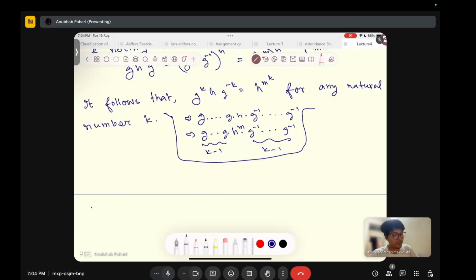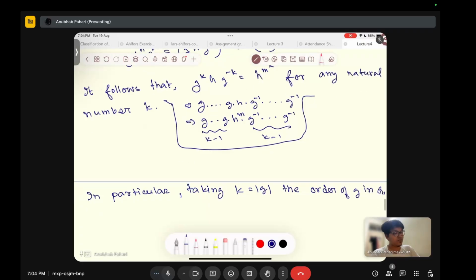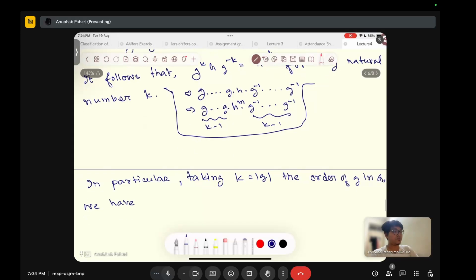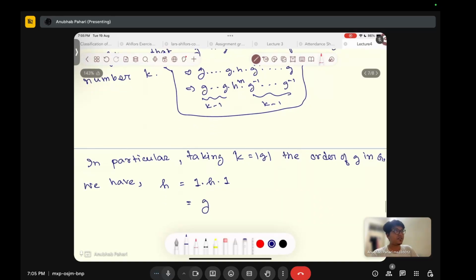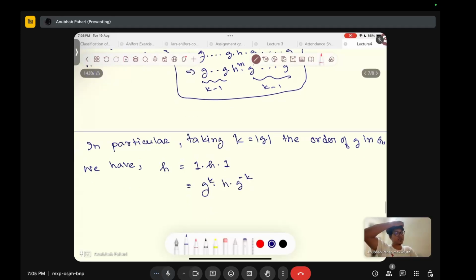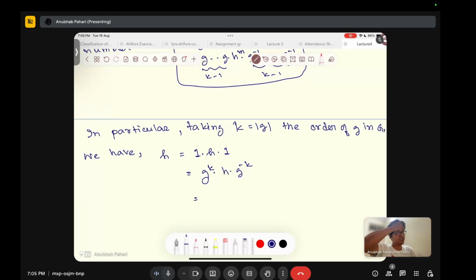So in particular, taking k equals to the order of g in capital G, where this is small k, h equals 1 dot h dot 1, g^k h g^(-k), which is nothing but h^(m^k), right?